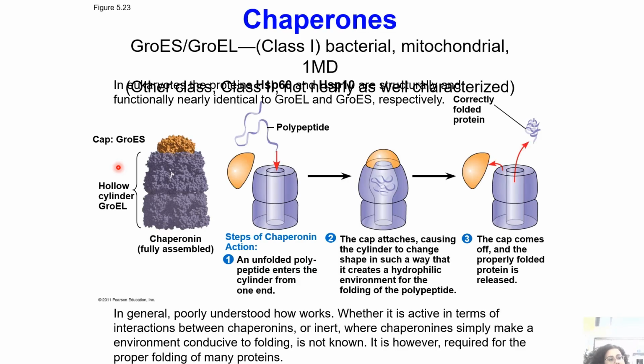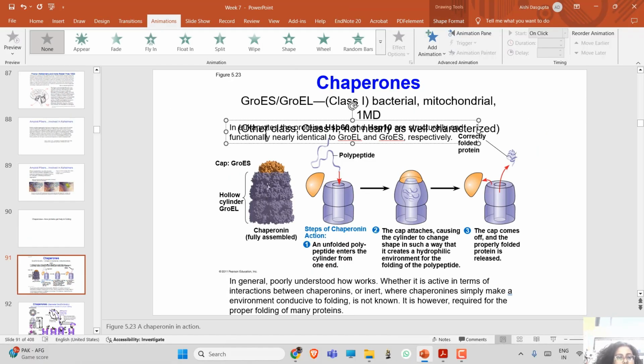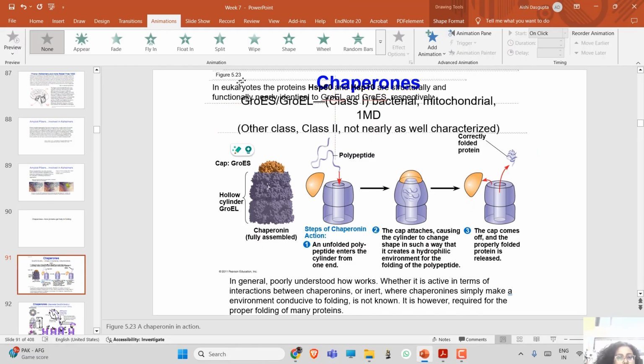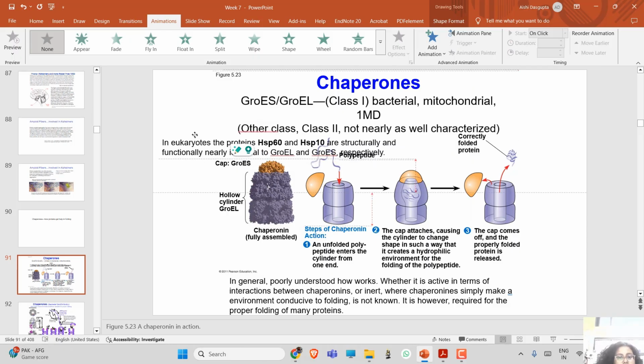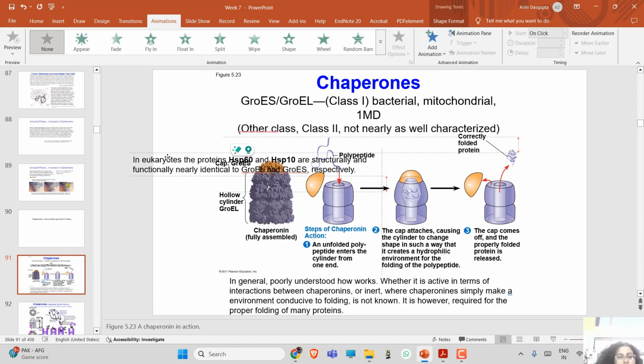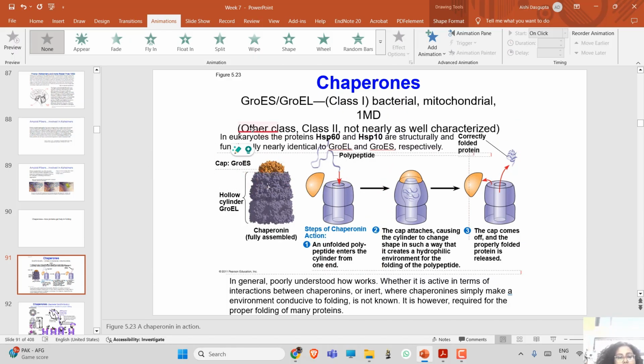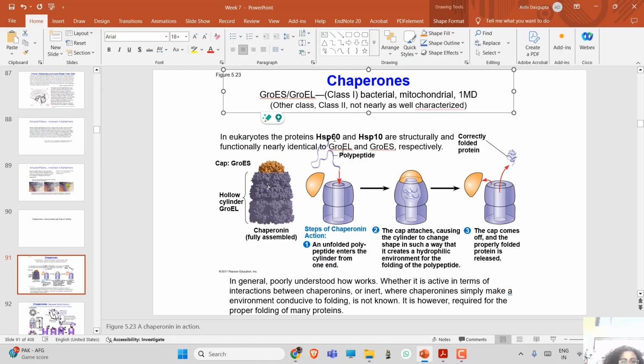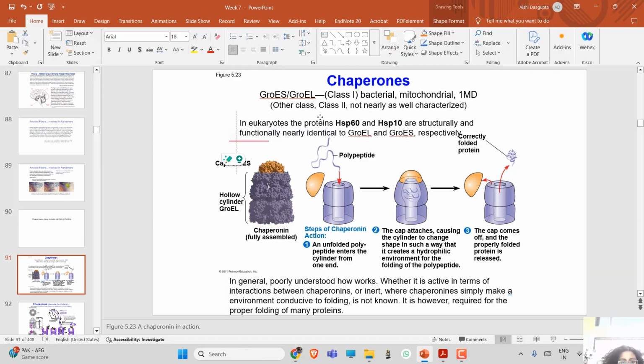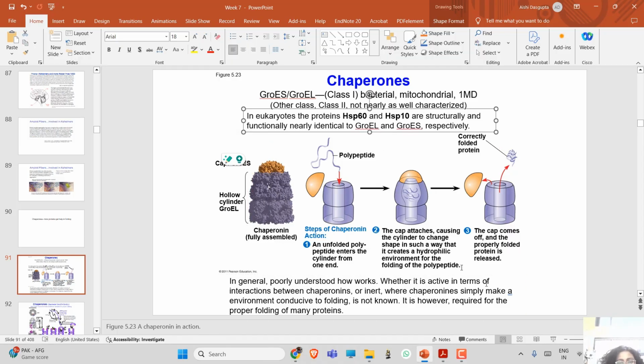Now, how do proteins get help in folding? The chaperones. So in eukaryotes, the proteins HSP60 and HSP10 are structurally and functionally nearly identical to GroEL and GroES respectively.